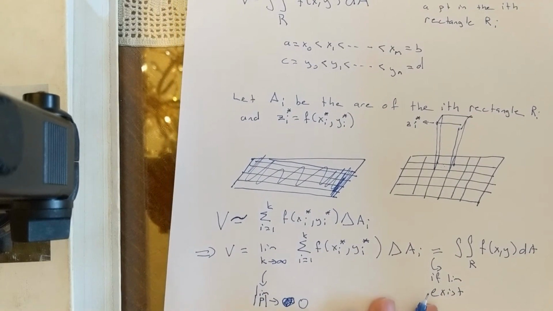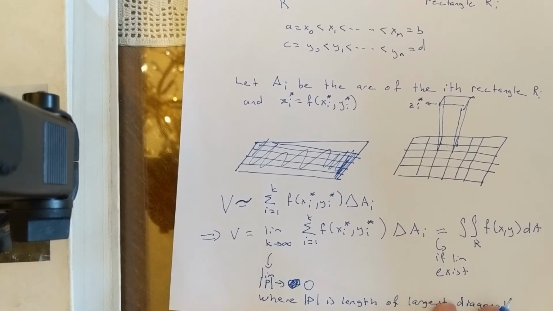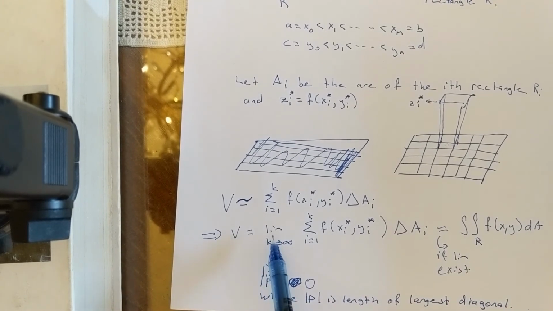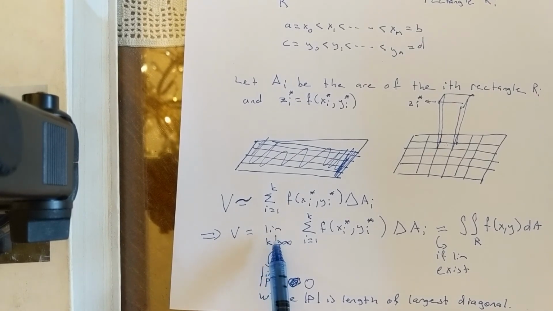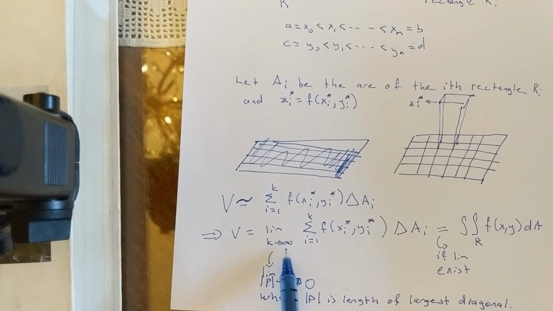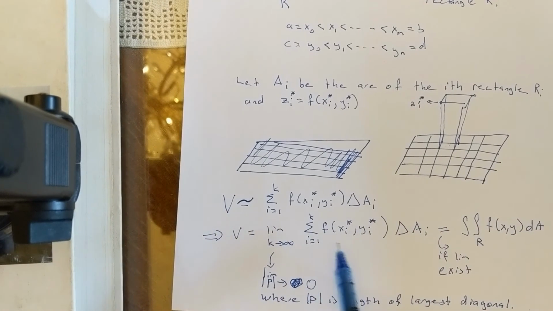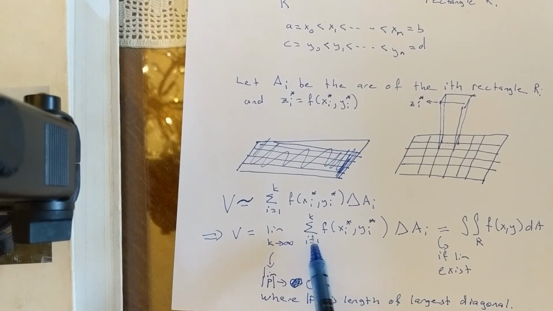Now one would expect that we would get exactly the volume, not the approximation, when we take the limit as k goes to infinity. I did from the first rectangle to the kth rectangle, calculate the volumes of all those boxes and add them up.